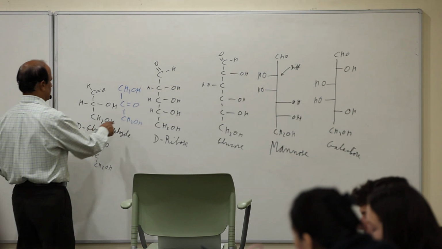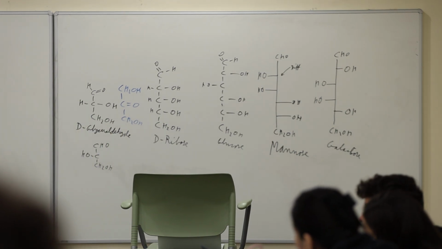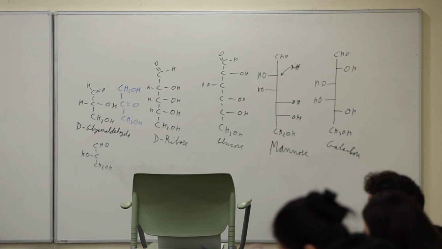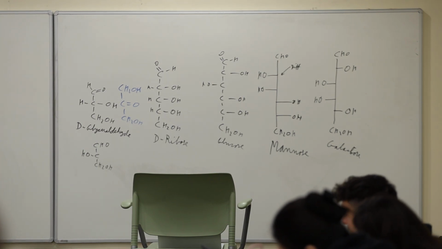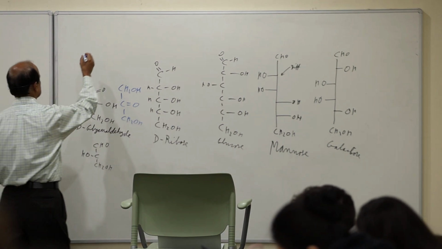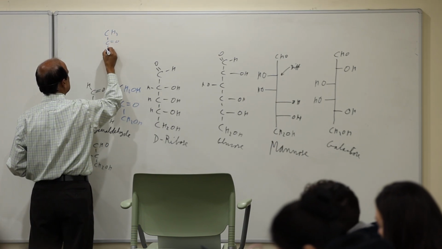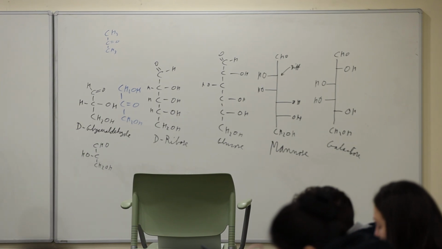So what will be the name of this ketose? 3 carbon ketose, what will be the name of this one? This is a very important one, always present in the cell. This is derived from acetone. If you remember the structure of acetone, so this is acetone, and it has 2 hydroxy groups on the acetone.